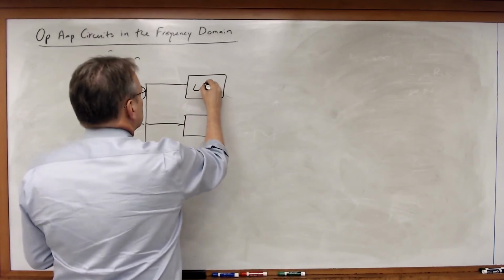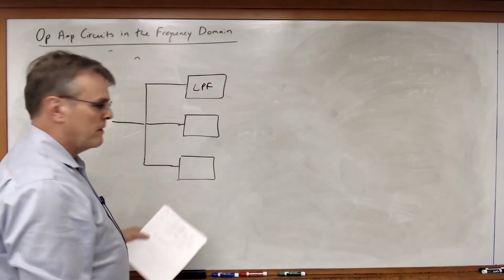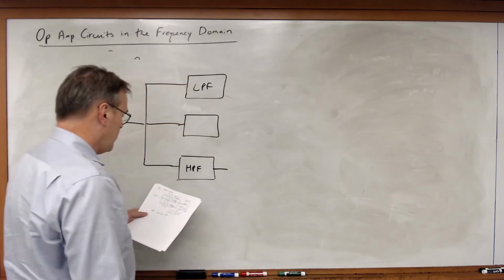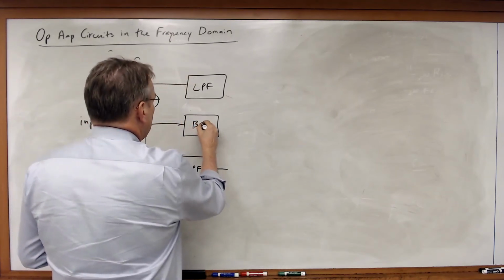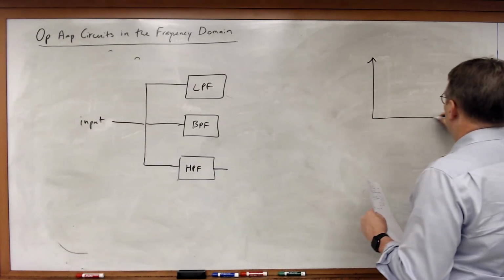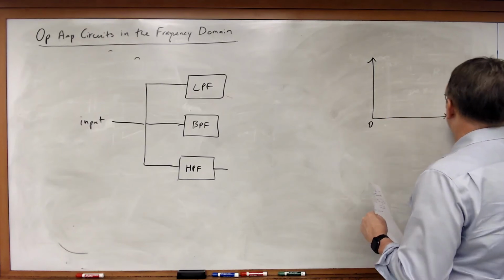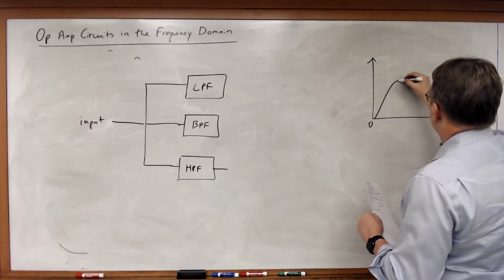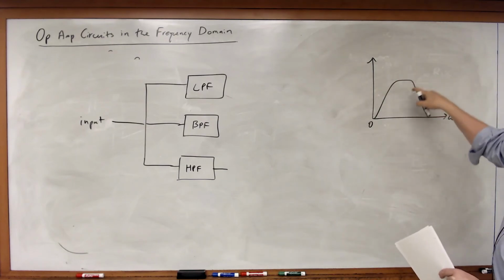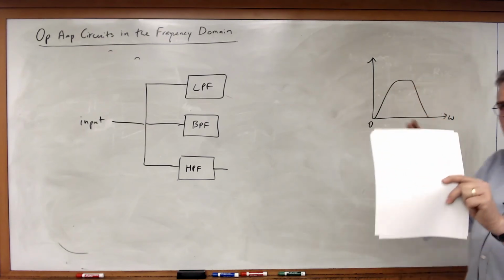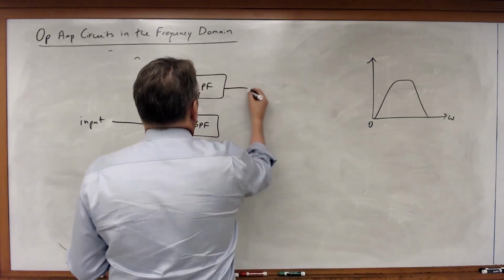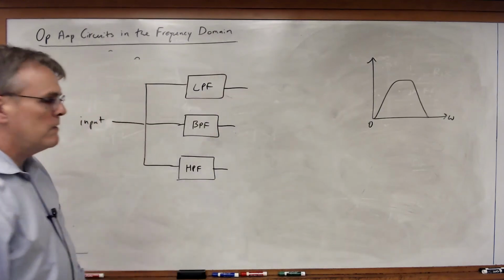One is a low-pass filter, LPF. One is a high-pass filter, HPF. And one is a bandpass filter. And a bandpass filter behaves like this. It rejects both low and high frequencies, but lets in a range of frequencies that are kind of in the middle. And so in this case, I have the output of each of these filters.